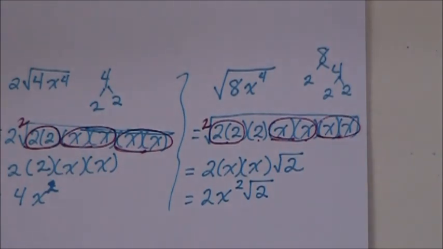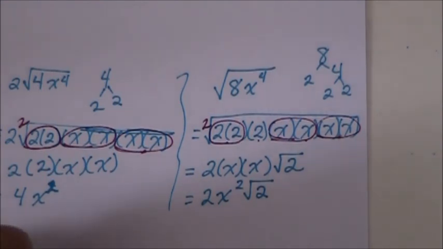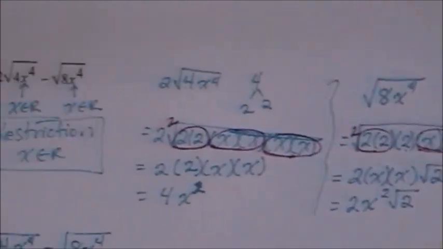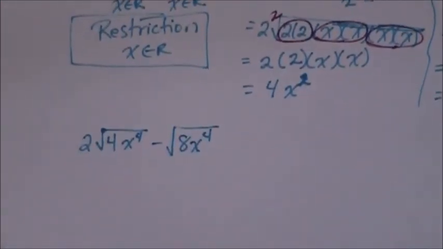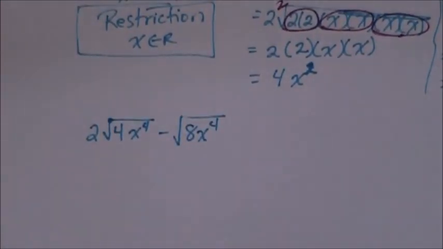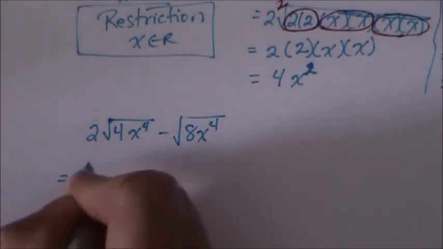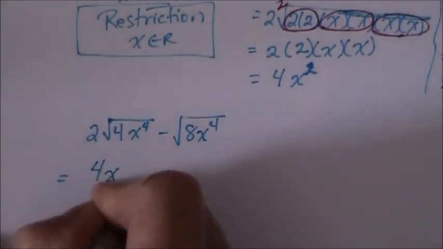So if we go back to our original question, it was the square root of 2 times the square root of 4x to the 4th, minus the square root of 8x to the 4th. So there is our original question. If we go through and replace each of these pieces by their new simplified forms, we find that the first one was 4x squared.